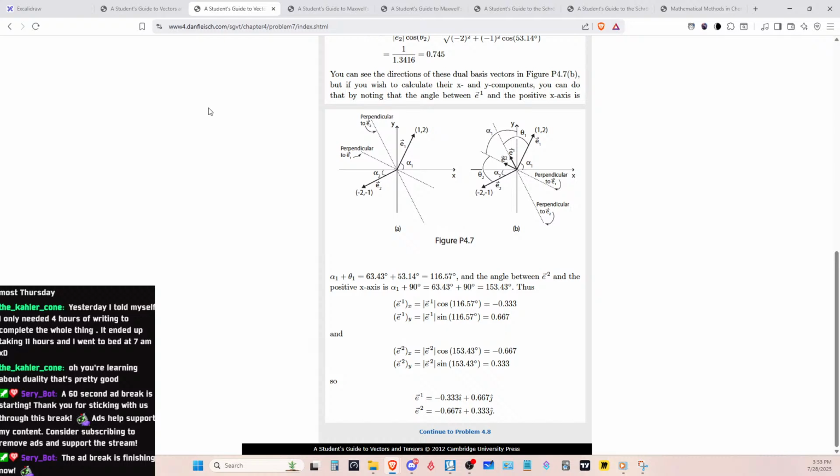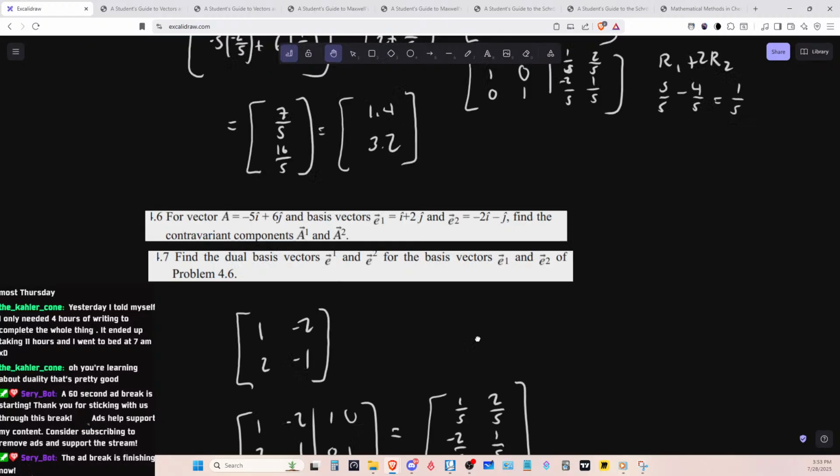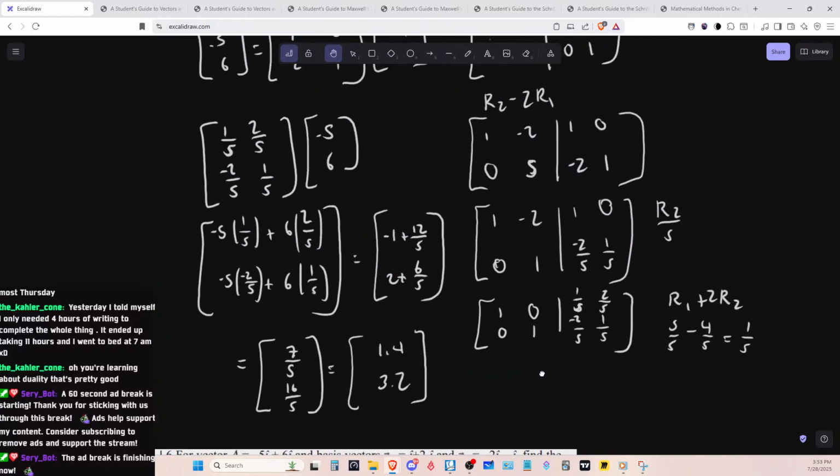I feel like this is revolving around 1/3, not 1/5. I think I did the arithmetic wrong on the last one. I probably did.